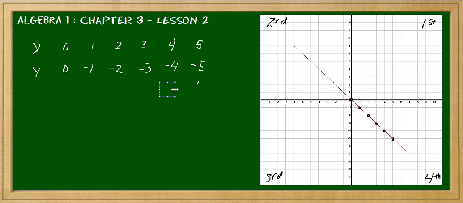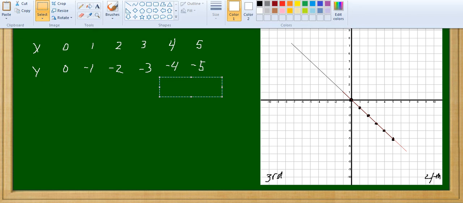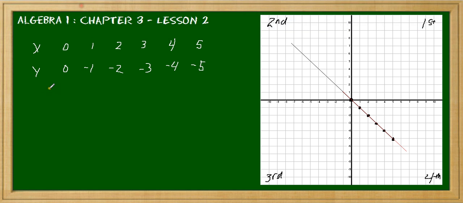And we can now go ahead and plot our next table. Well, we could leave the formula, but we'll just write it back in there. What was our formula? It was y is equal to negative x. And now we have another table, x and y values, right?